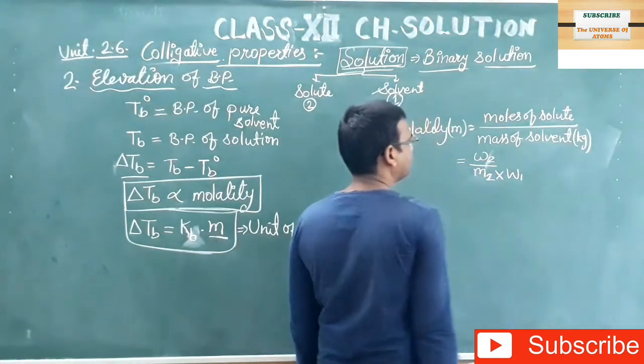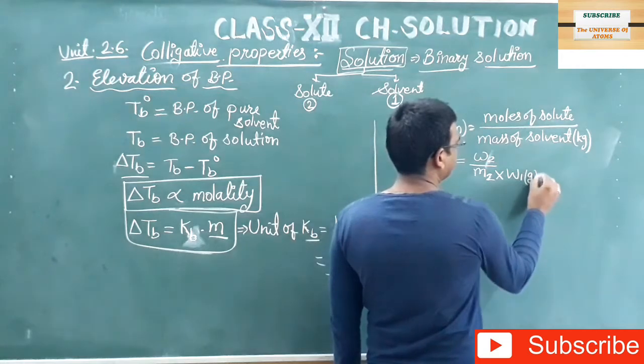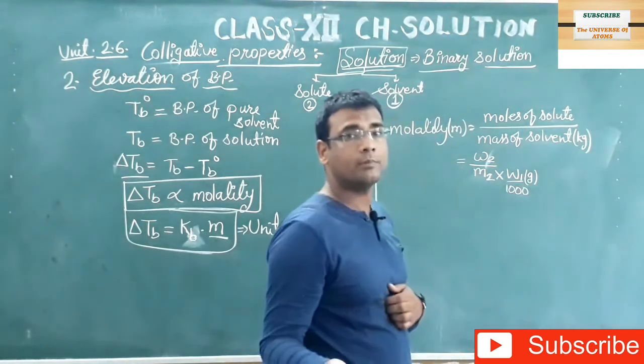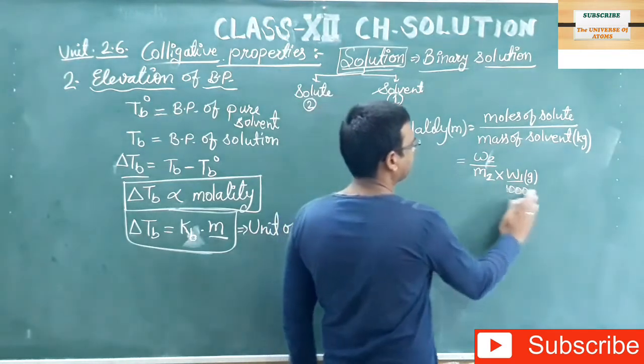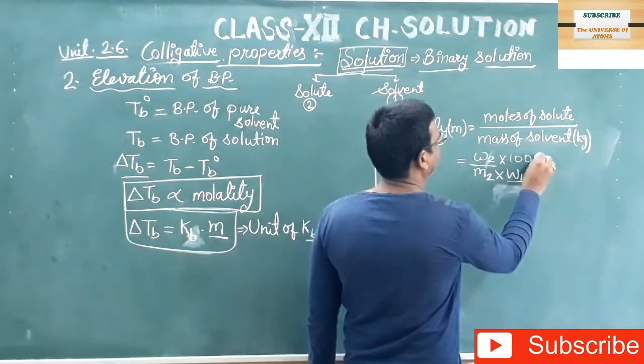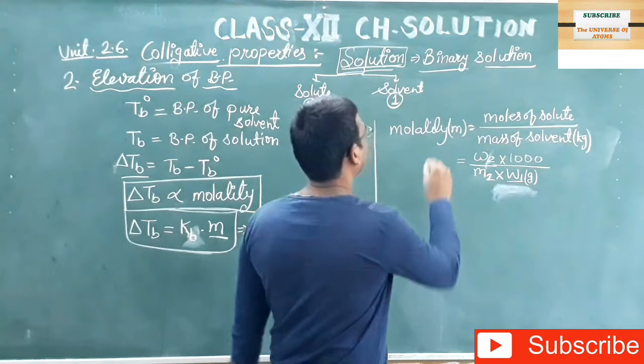If this W1 is in gram, then you have to divide it by 1000 to make it kilogram, and for simplification this kilogram we are using here. Okay, so this is the expression for molality.